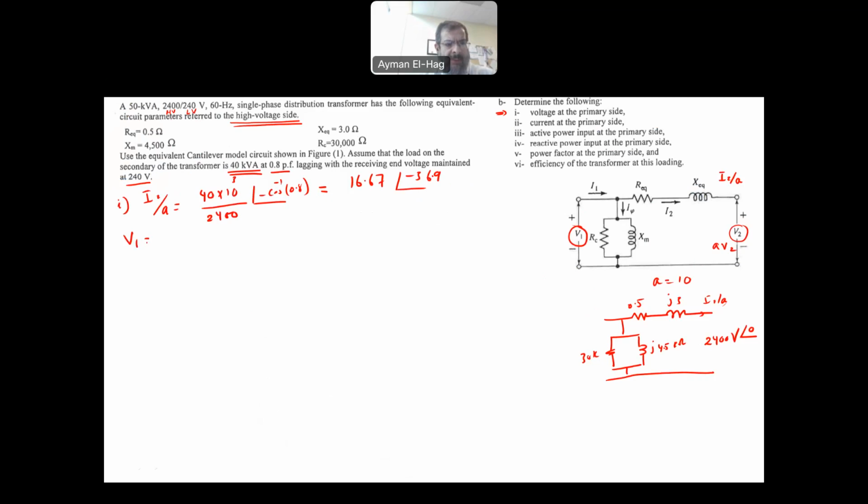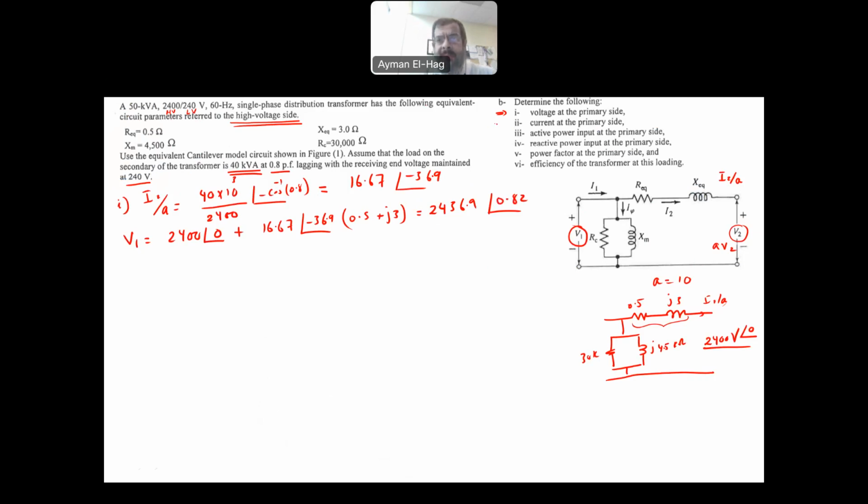By KVL, your V1 will be equal to the 2400 angle of 0, which is this voltage, plus the voltage drop, which is 16.67 angle minus 36.9 times the impedance of the winding, which is 0.5 plus J3. And this will give me a voltage equal to 2436.9 and an angle of 0.82.